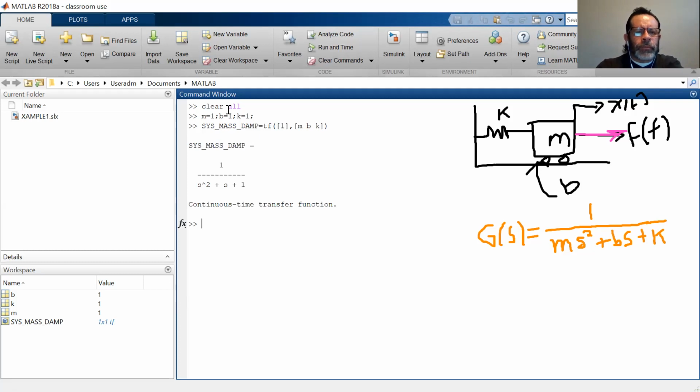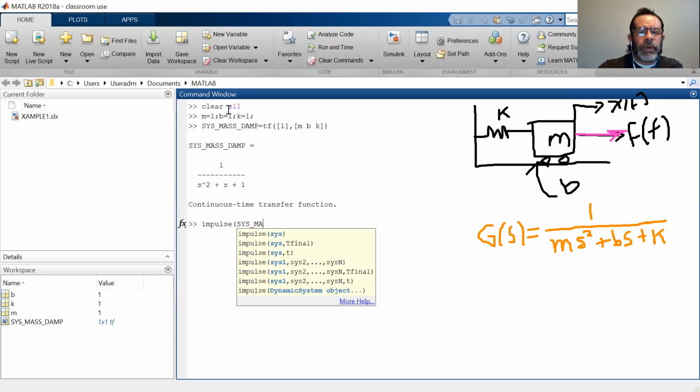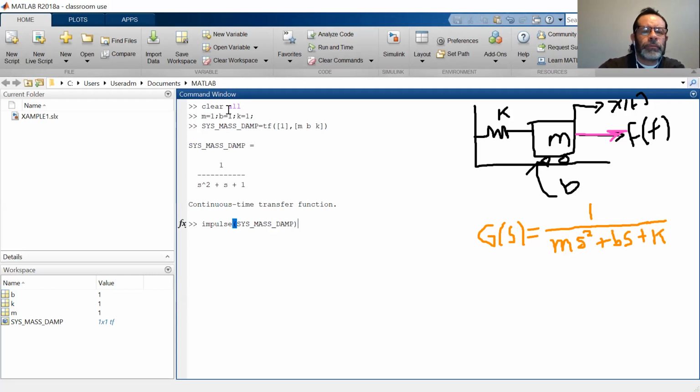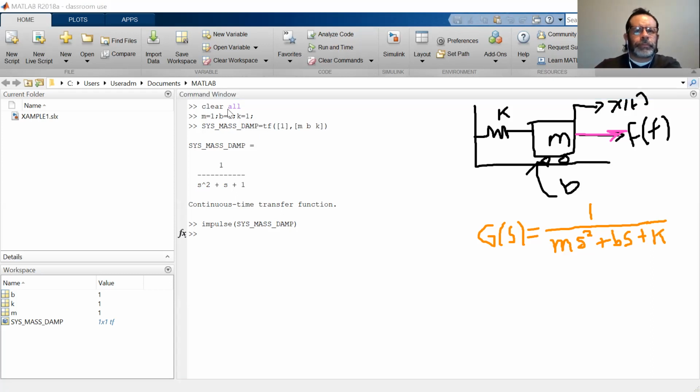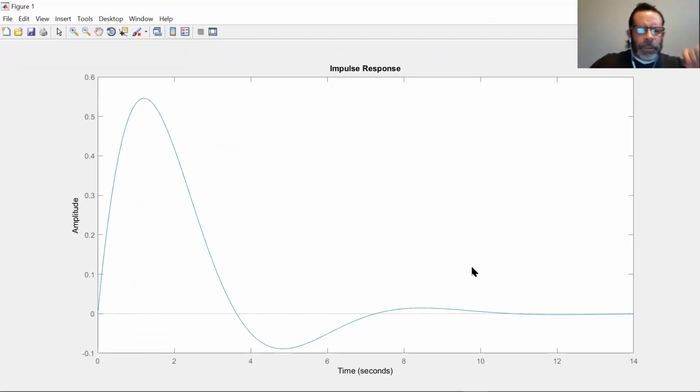And so what we're going to do here, I'm going to also call upon the impulse function of sys mass damp. And let's see what happens. Let me switch screens here. And we get this here.